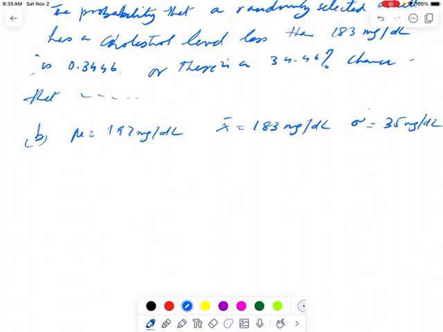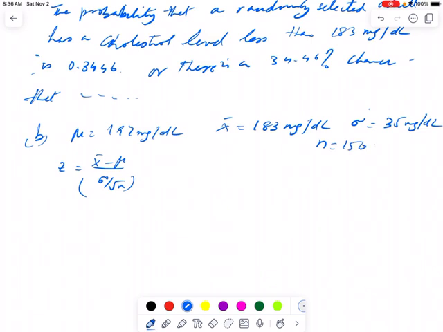Okay, so this time to find the z-score, we need to use the mu formula. So it will be x bar minus mu over sigma divided by square root of n. So what is n? N here is 150, because we said 150 adults.